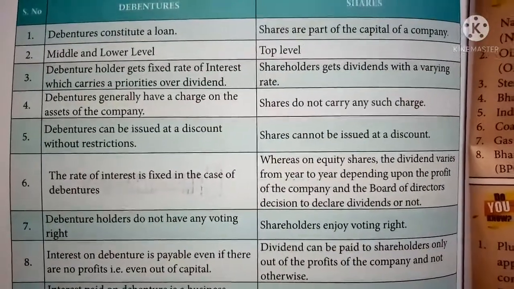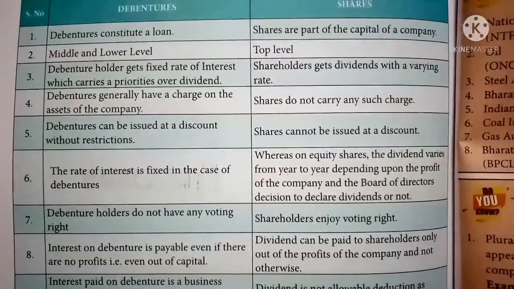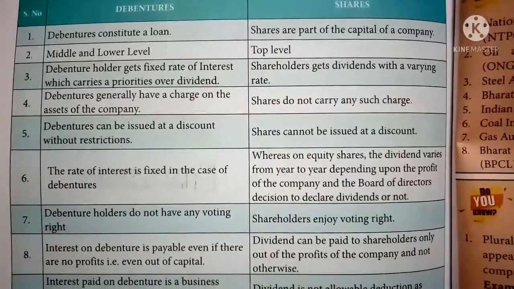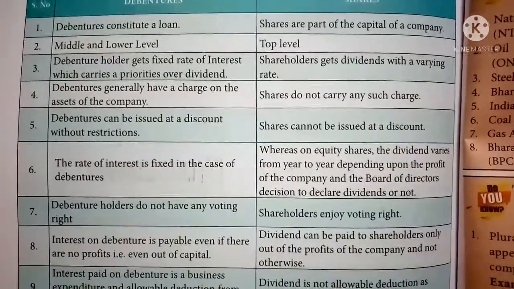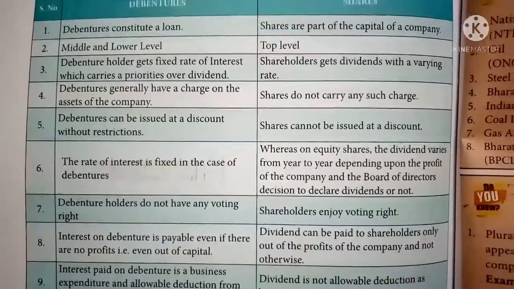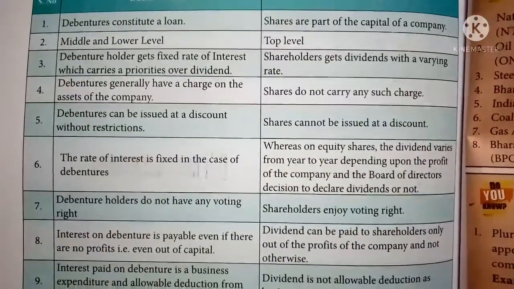Debentures can be issued at a discount without any restrictions, but shares will not be issued at a discount. The rate of interest is fixed in the case of debenture, but in the case of share, the dividend rate will be varying, depending upon the profit.